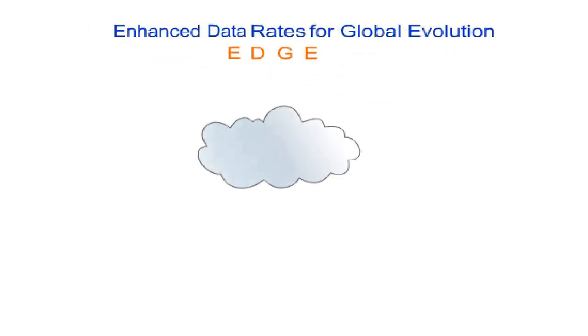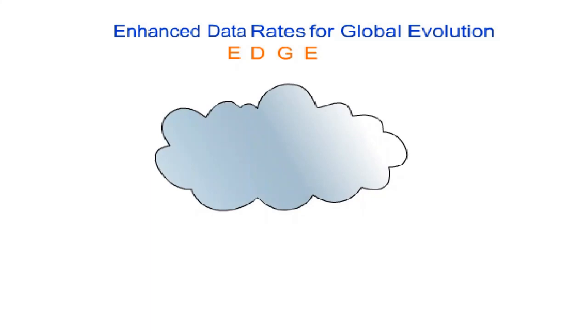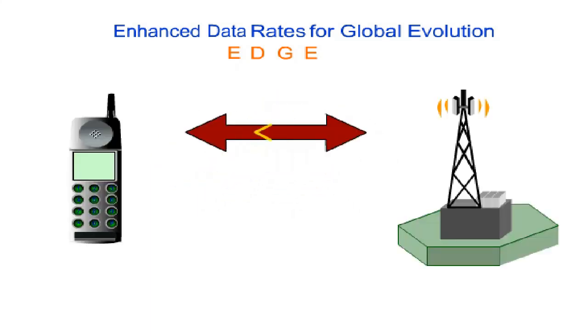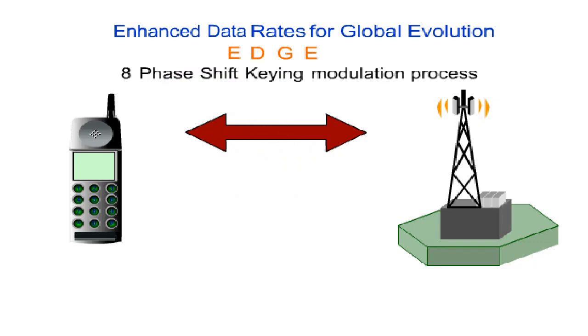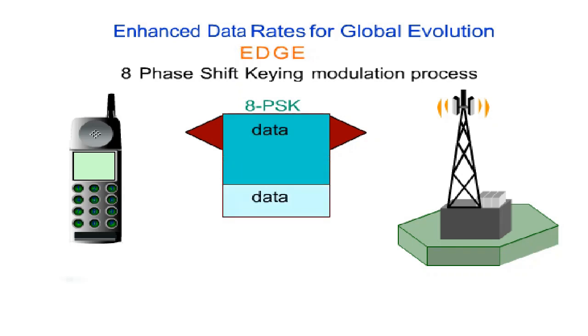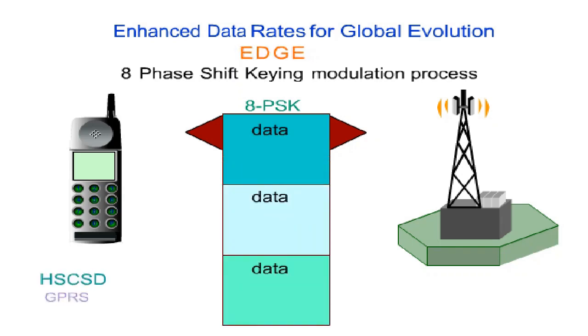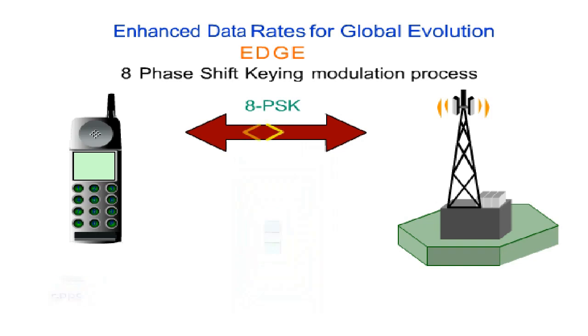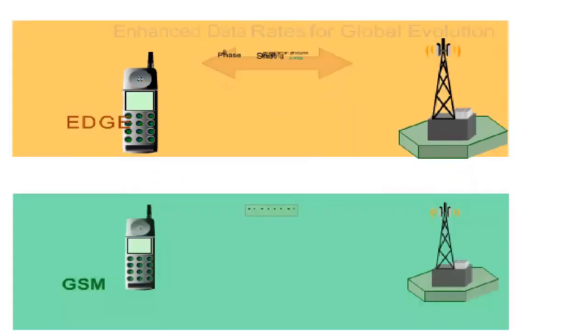Enhanced Data Rates for Global Evolution, EDGE, is a technology concentrating on the air interface between the mobile and the base station. Based on a new modulation process, 8-phase shift keying, or 8PSK, EDGE achieves 3 times the data rates of HSCSD and GPRS at the air interface. Furthermore, with EDGE, the subscriber can use all 8 time slots at the air interface.